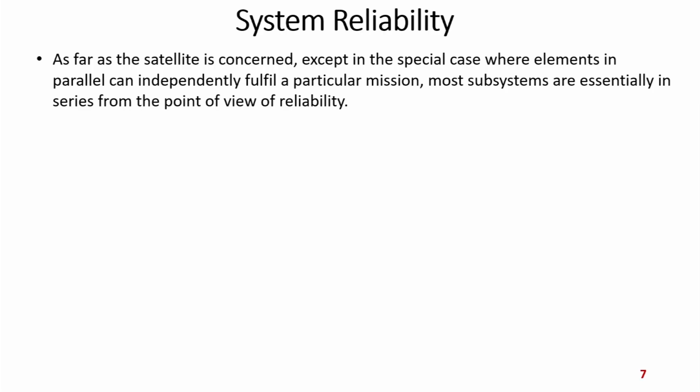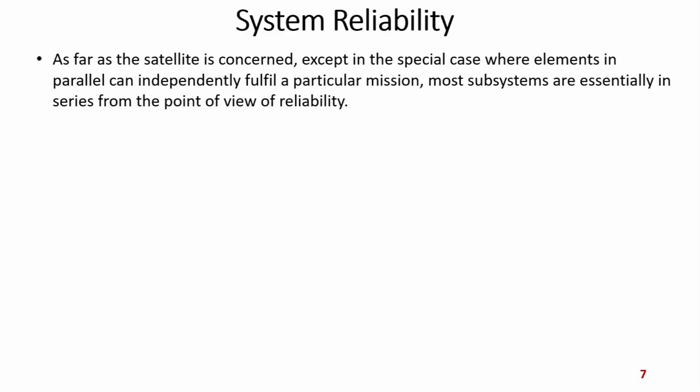What does it mean? If any of the components in the series does not work, for example, if the antenna fails, then the whole mission will fail, or if a system like the onboard processor does not work, then the whole system will not work. This is the way the systems are built.